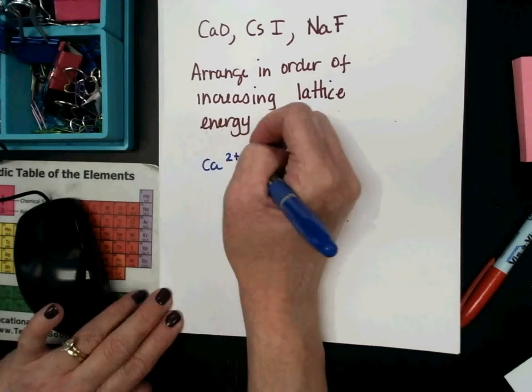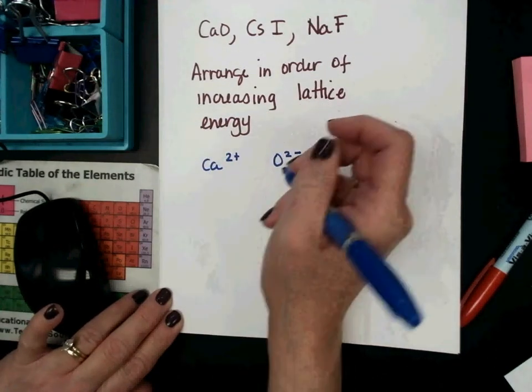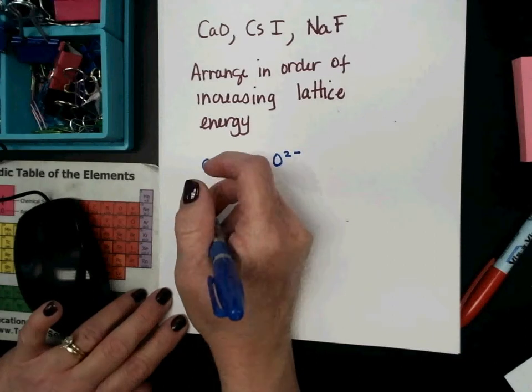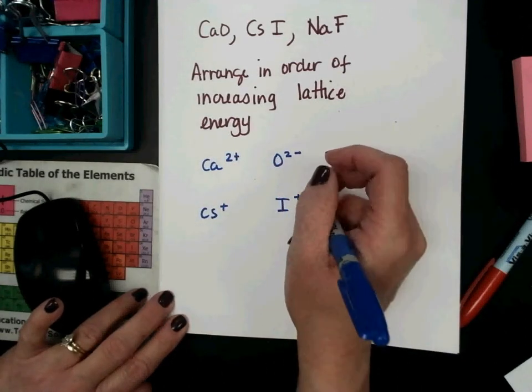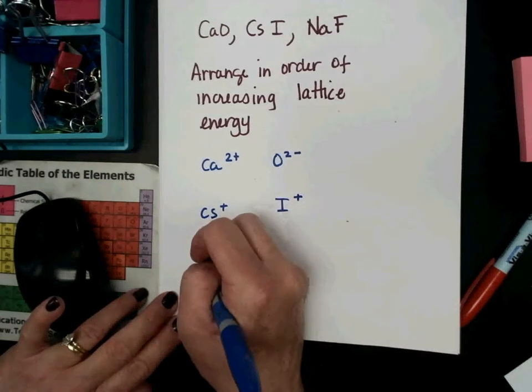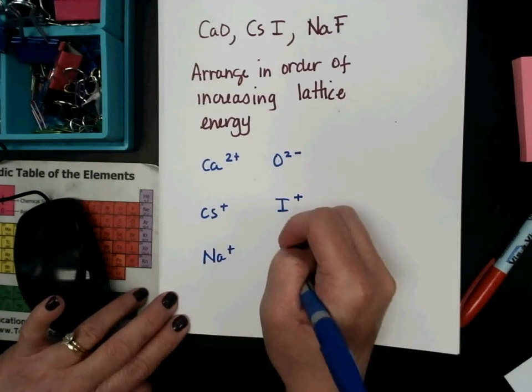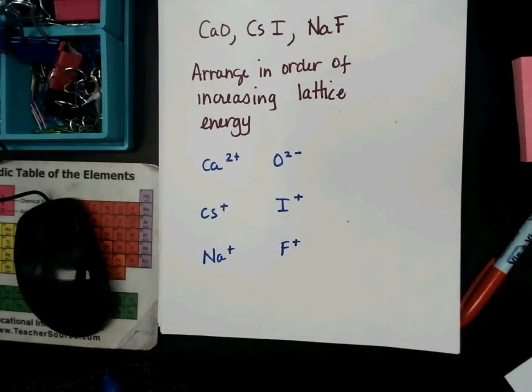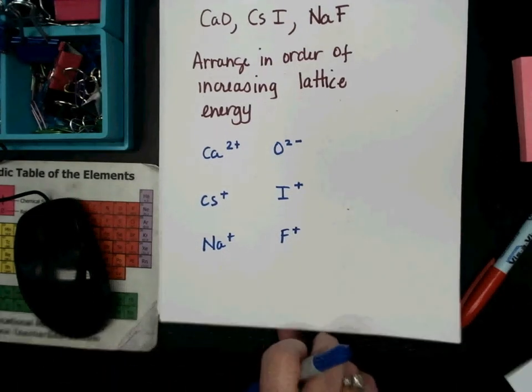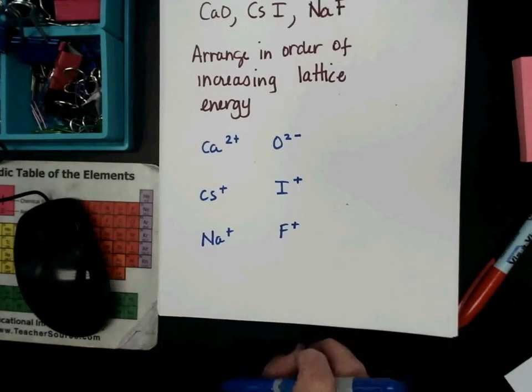So when I look at this, Ca is a 2+, O is a 2-, Cs is a +, I is a -, Na is a +, and F is a -. So I know what matters most is the charge on the ions.